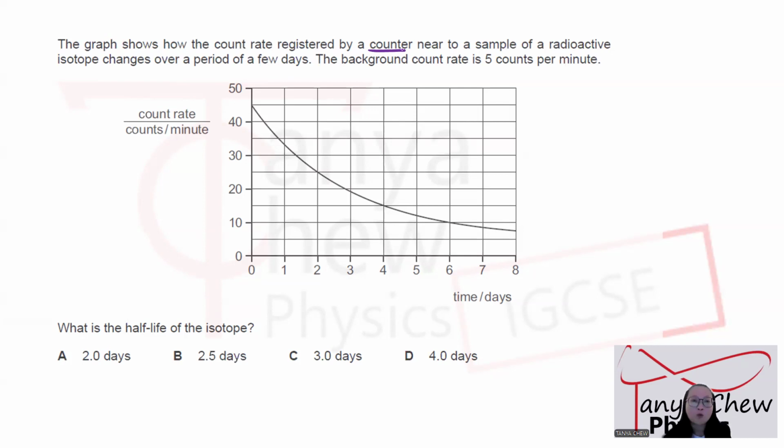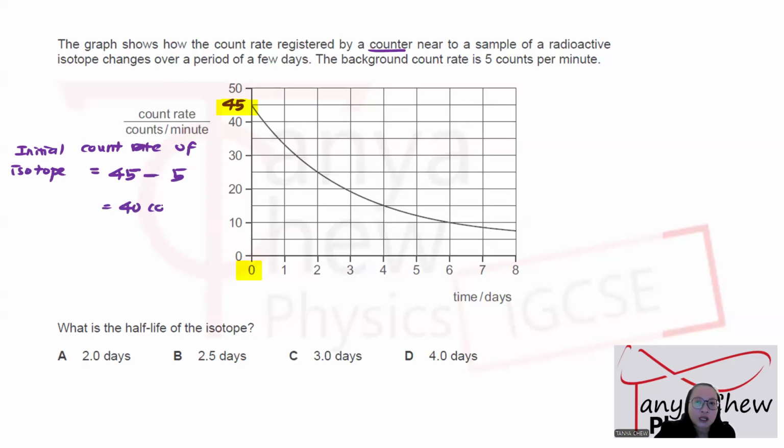So first thing you do, when a graph is being given, always look at the time first, 0 days. Take the initial count rate of the detector, which is 45. So if you want to find the initial count rate of the isotope, the initial count rate of the isotope must be equal to the initial count rate of the counter minus the background, which is 40 counts per minute.